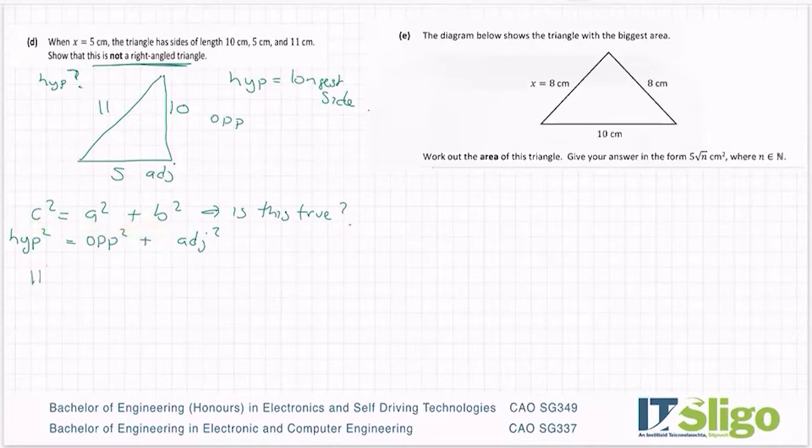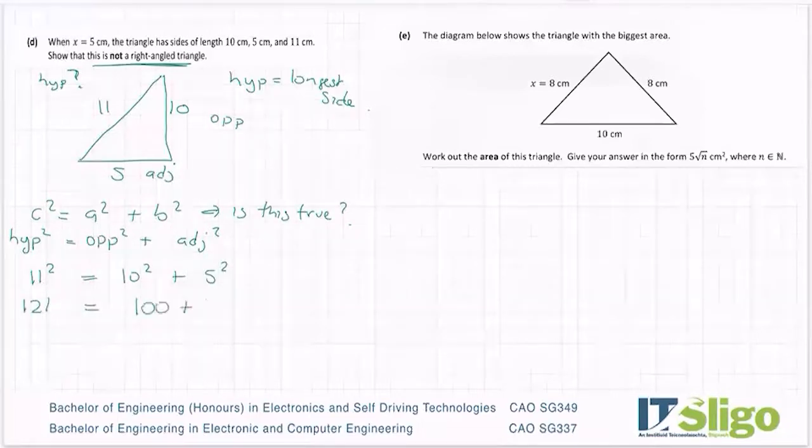So let's check it. So is 11 squared equal to 10 squared plus 5 squared? Okay, 11 squared, 121, 10 squared, 100. So 121 is not equal to 125, okay?